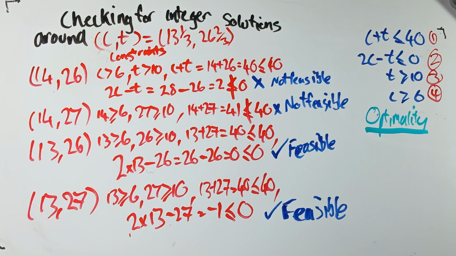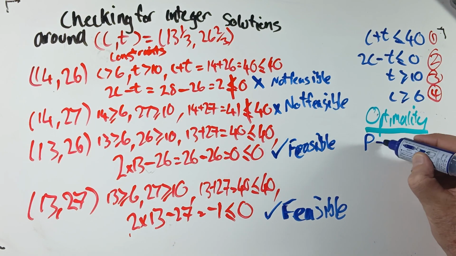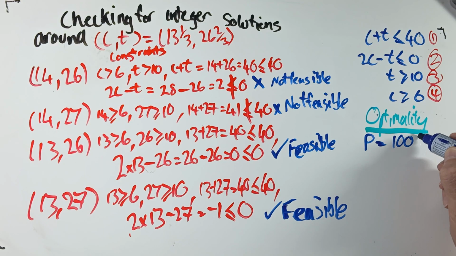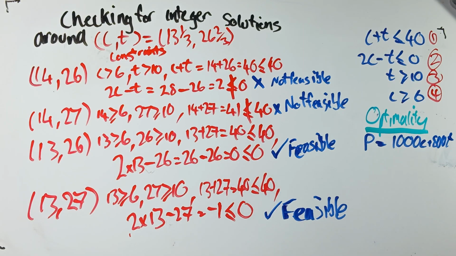Remembering that our profit function was, plus $800T. So we're going to check this point here.